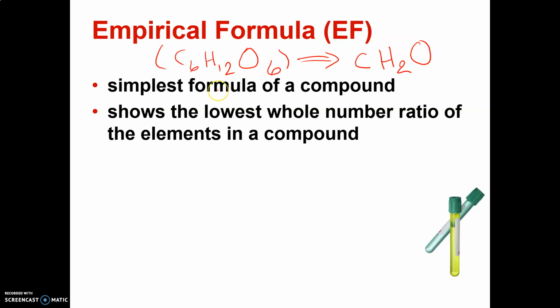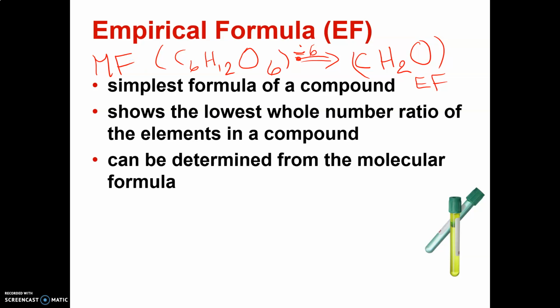So we can simplify it by just simply dividing by 6. When we divided by 6, it became CH2O. So this is the empirical formula and this is the molecular formula.